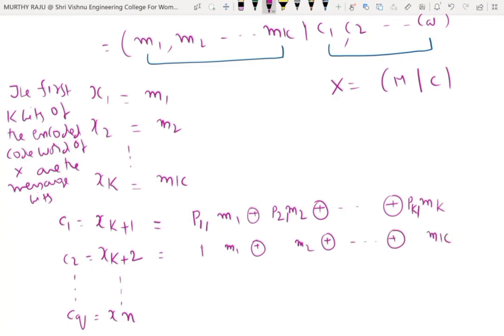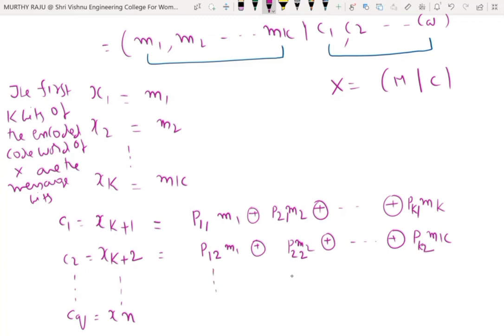Again coefficients are multiplied here, and the messages range from m1 to mk, with coefficients p1, p2 and pk. Here for the second parity check bit c2, the coefficients are p12, p22 and so on.